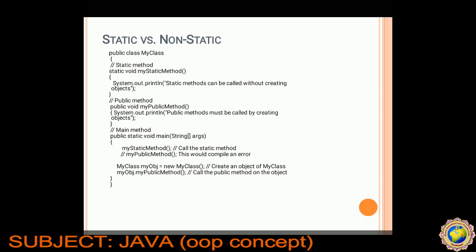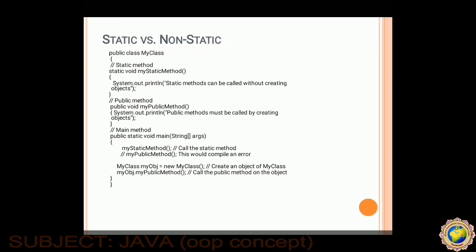Next, MyClass: public void myPublicMethod. For this method we have to create an object, and through the object we call this method. How do we create the object? MyClass myObj equal to new MyClass, and myObj.myPublicMethod(). Using this we can call this method. So this is the difference between static and non-static methods.